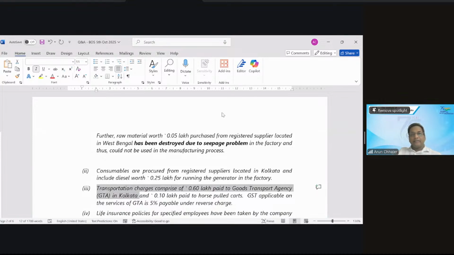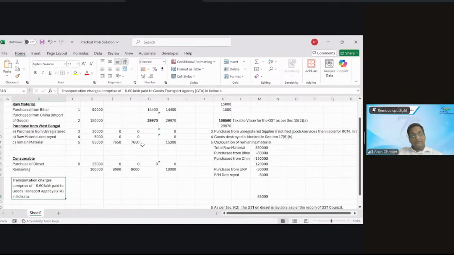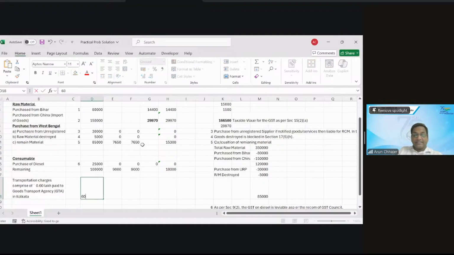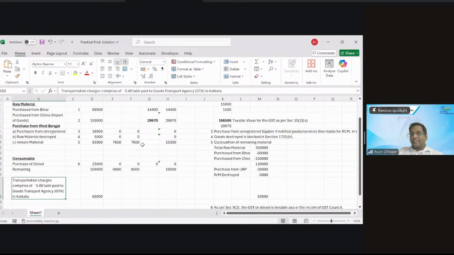Let me write first this one. So I can say 60,000. If it is Calcutta, then which tax would be there under RCM?